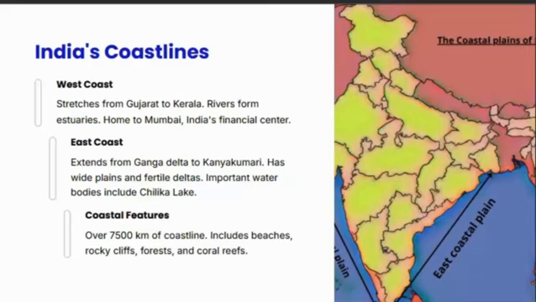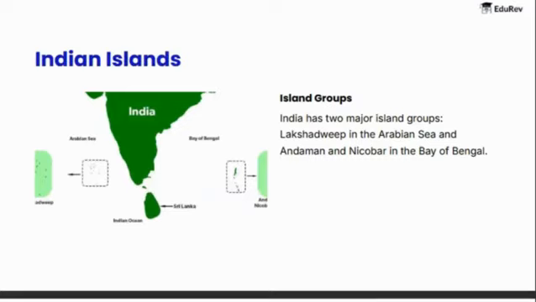The coastal features are over 7,500 kilometers of coastline that includes beaches, rocky cliffs, forests and coral reefs. That is not all. India is very large, and also has some islands, which are Lakshadweep in the Arabian Sea and Andaman and Nicobar Islands in the Bay of Bengal.